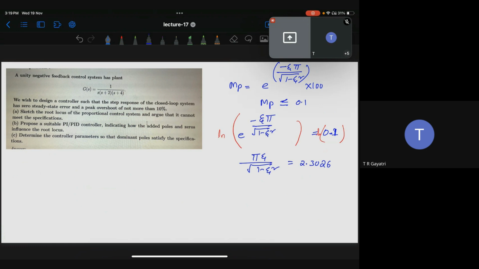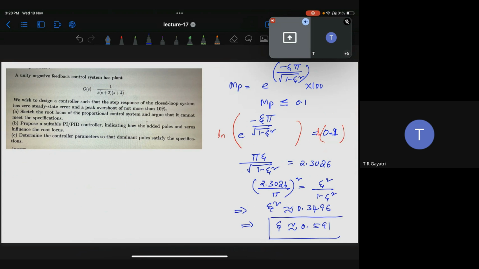So you can take 2.3026 divided by pi, and if you square it, you get zeta square by 1 minus zeta square. From here, if you solve it, zeta square is almost equivalent to 0.3496, and you will get zeta as 0.591.